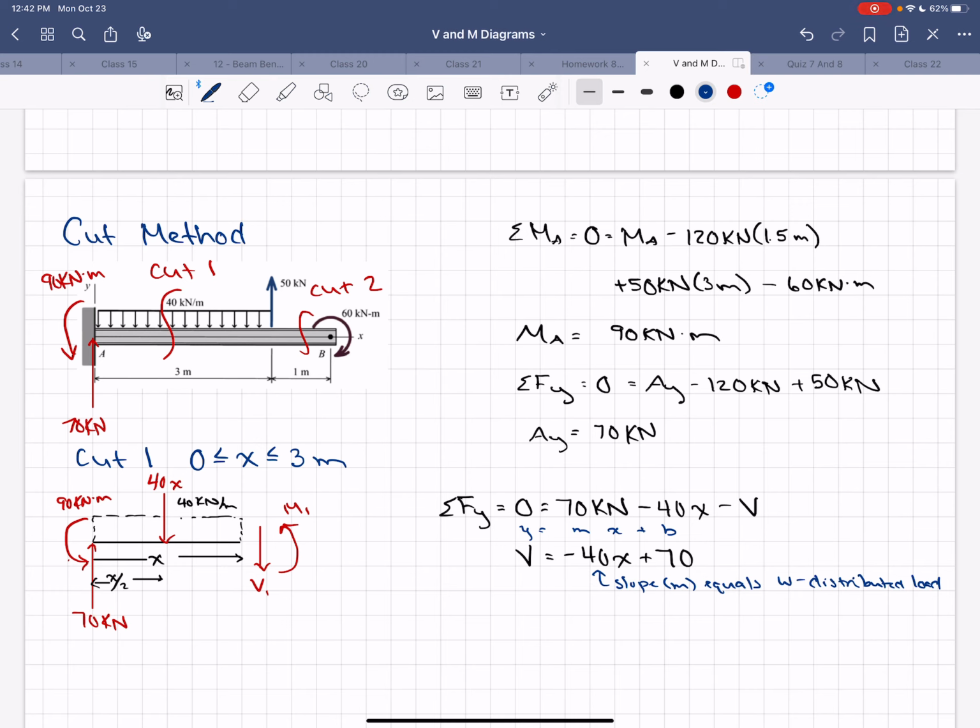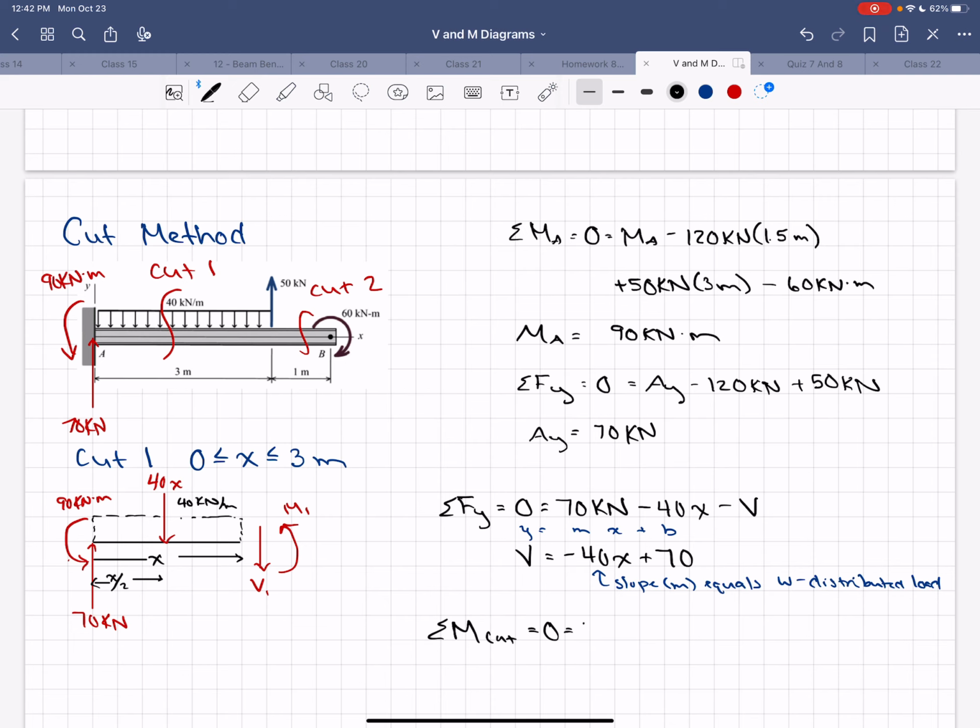Okay, so then we can take sum of the moments about the cut. It equals 0.